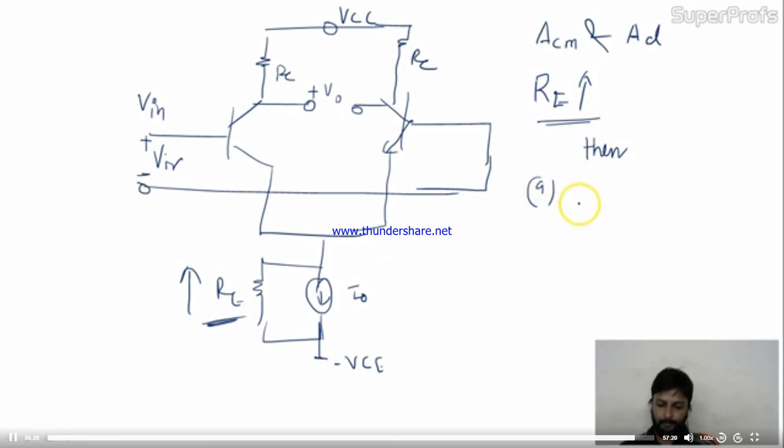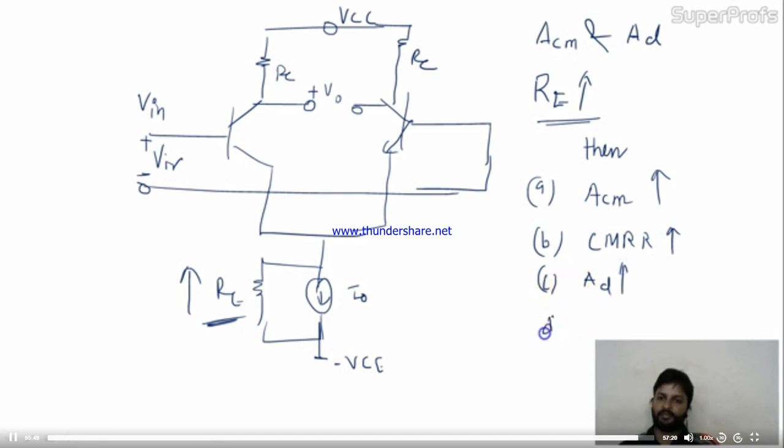Option A, ACM increases. B, common mode rejection ratio increases, CMRR increases. Option C, AD increases. Or common mode rejection ratio decreases, CMRR decreases.